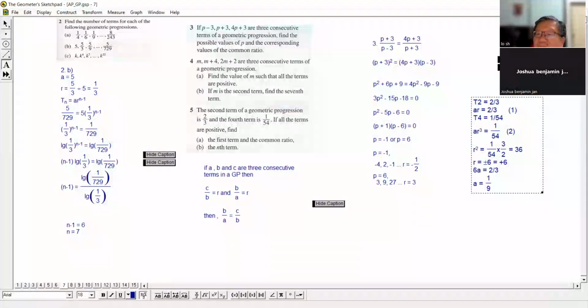So they want to find the nth term, Tn. Tn equals AR to the power of n minus 1. So what will it be?